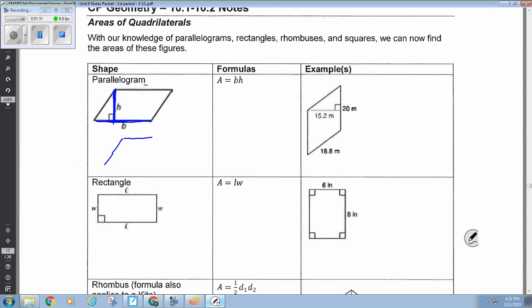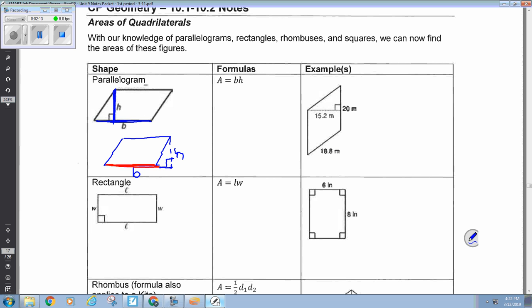However, if you notice I'm drawing another parallelogram, the height can sometimes be outside of the shape. Notice that I just labeled the base on the second shape, but the height can also be outside of the shape. The base is the base that was on the shape itself. So your base always has to be on the shape. The height can be either inside or outside. With that being said, let's do an example.